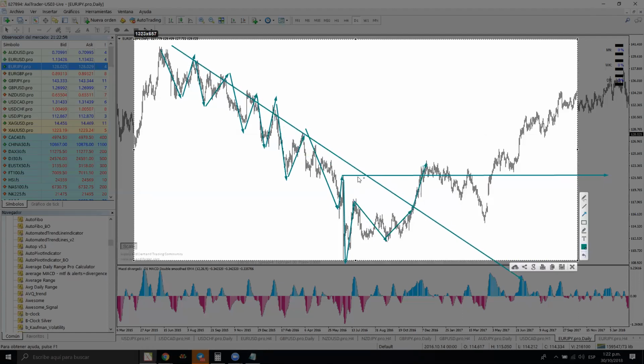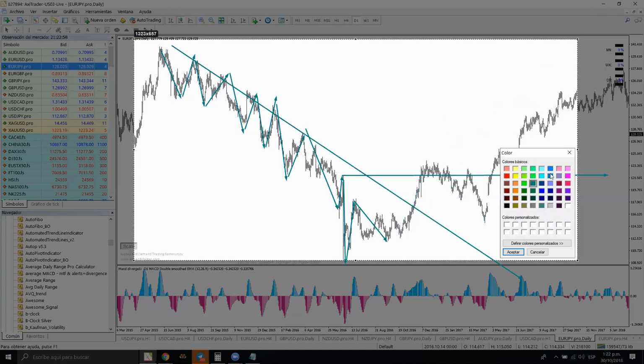It broke support. It broke the trend line. So you know that the market is going to shift when momentum is created. But you cannot enter just by momentum, because look what happened. If you enter here when the momentum is created, it fails. So you need to identify the momentum here. I'm going to put another color for the momentum.